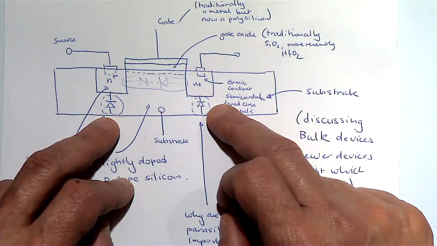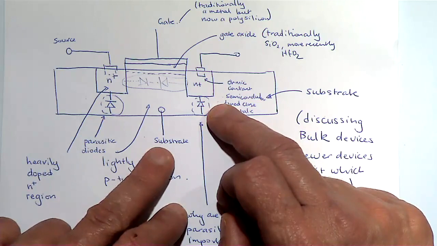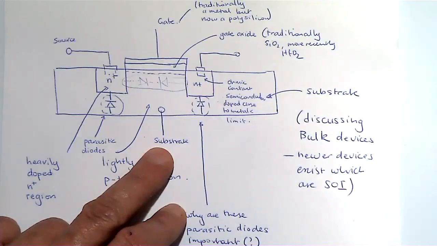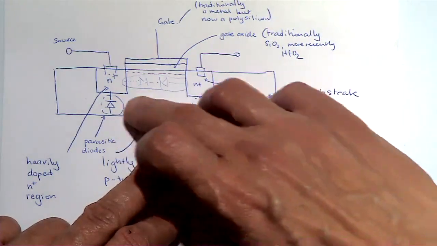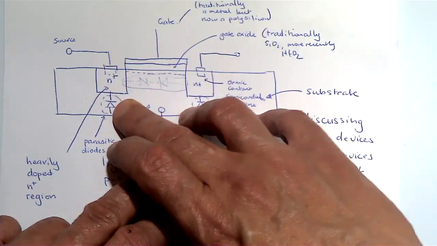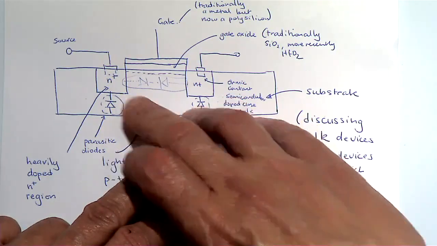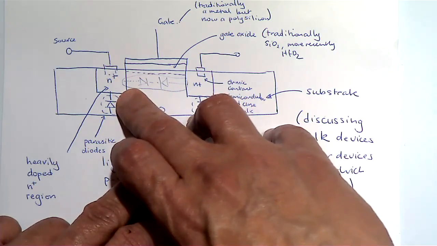What happens if my substrate is higher than my source? Current will flow through them, right? And essentially you've got a forward biased diode, and it'll generate a lot of current, right?